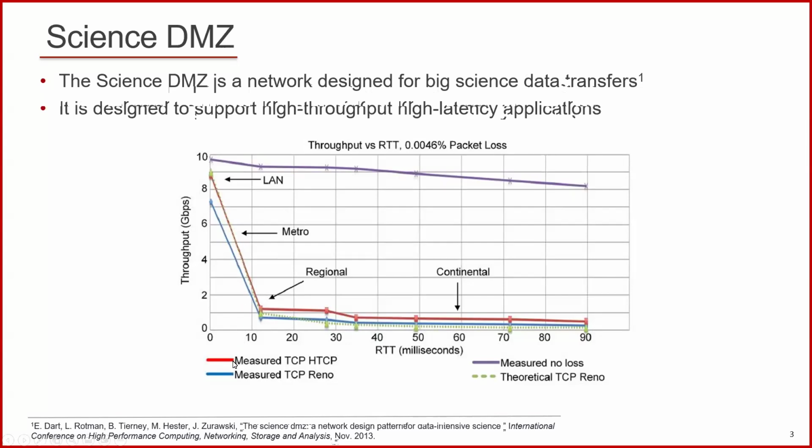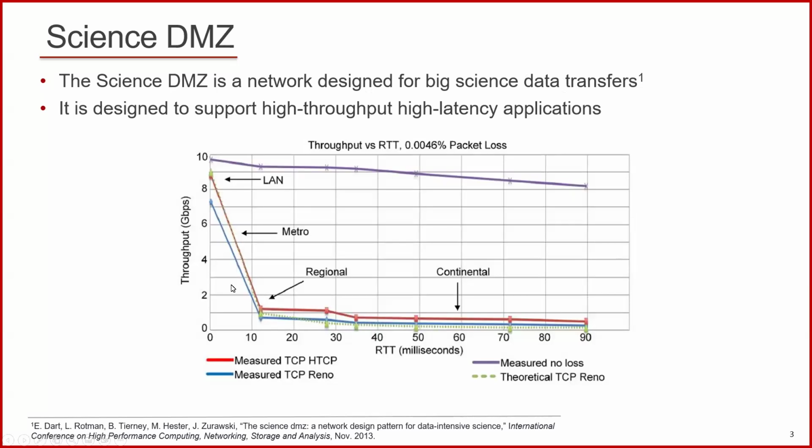The red line, for example, shows the measured throughput for the TCP HTCP congestion control algorithm, the blue one for the Reno congestion control algorithm, and the dashed green line for the theoretical TCP Reno throughput. And here we are having 0.0046 packet loss, which is relatively low.